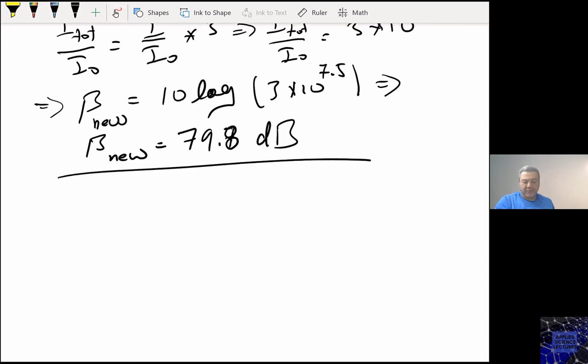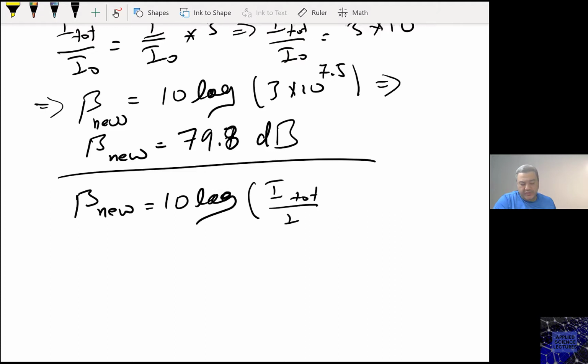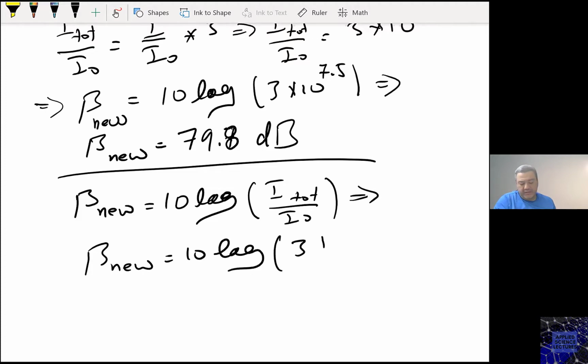The second approach is beta new equals 10 logarithm of I total divided by I naught, and we know that I total is 3 I divided by I naught.